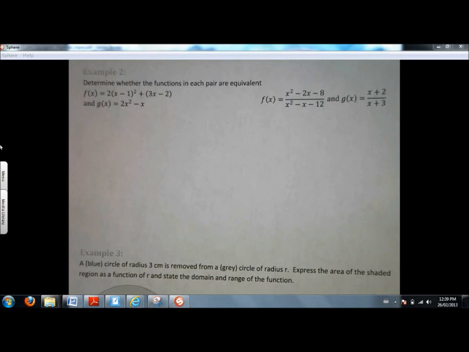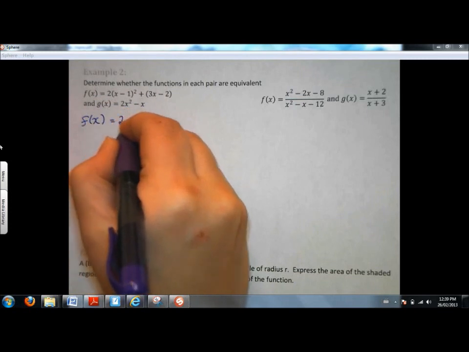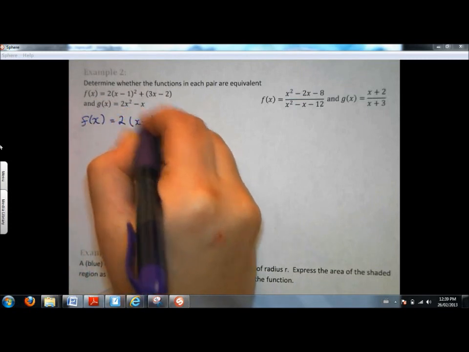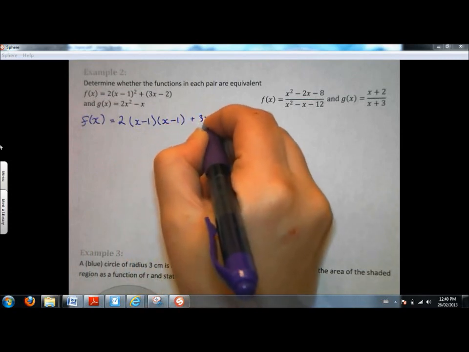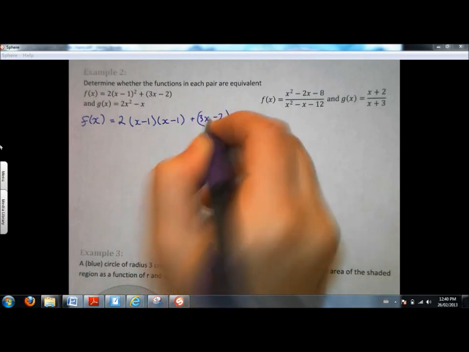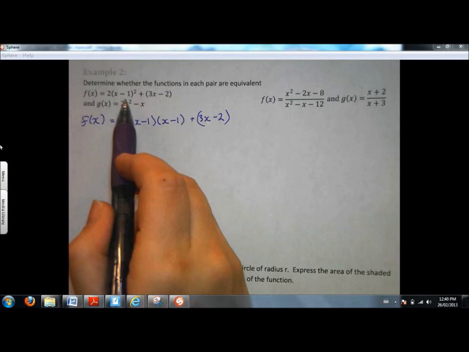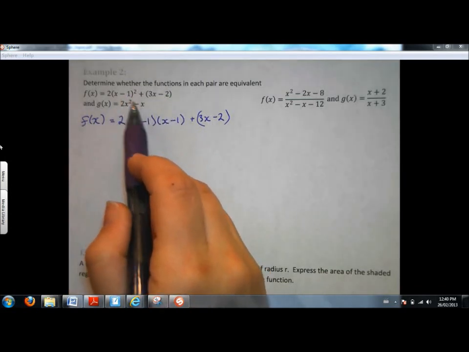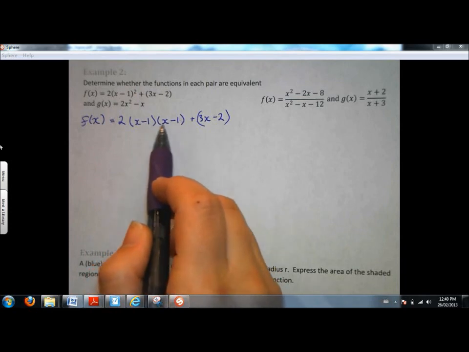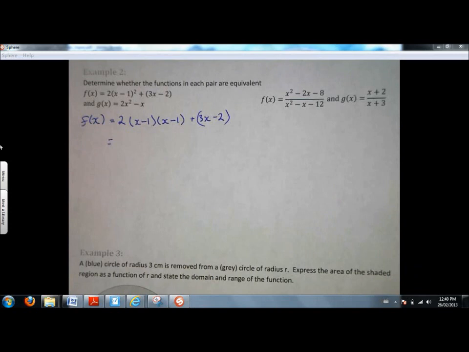F of x is equal to 2 times x minus 1, and it's squared, so that means 2 of those, plus 3x minus 2. Okay. Well, so simplify. We've got one bit over here, and we've got more x's over here. So what I'm going to do is FOIL to get an expanded version of this, and then I'm going to combine like terms and hopefully get this to look a little neater.